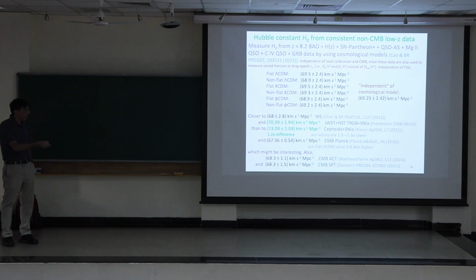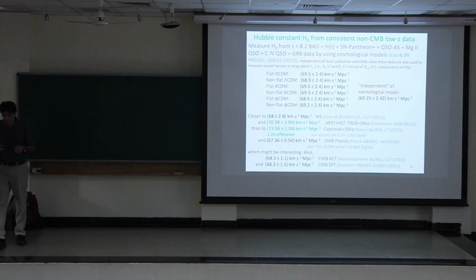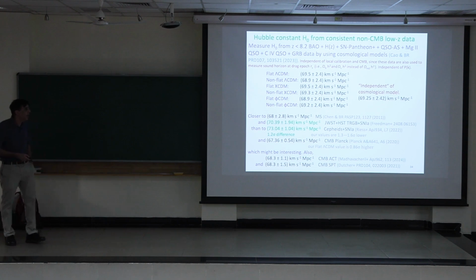She gets 70.39 plus or minus 1.94, and this comes from both JWST and Hubble Space Telescope tip of the red giant branch data. She gives it to you as statistical errors, systematic errors, and then errors in the supernovae, because she calibrates the supernovae using the tip of the red giant branch. I've just combined those errors in quadrature, and that's why I've got plus or minus 1.94.